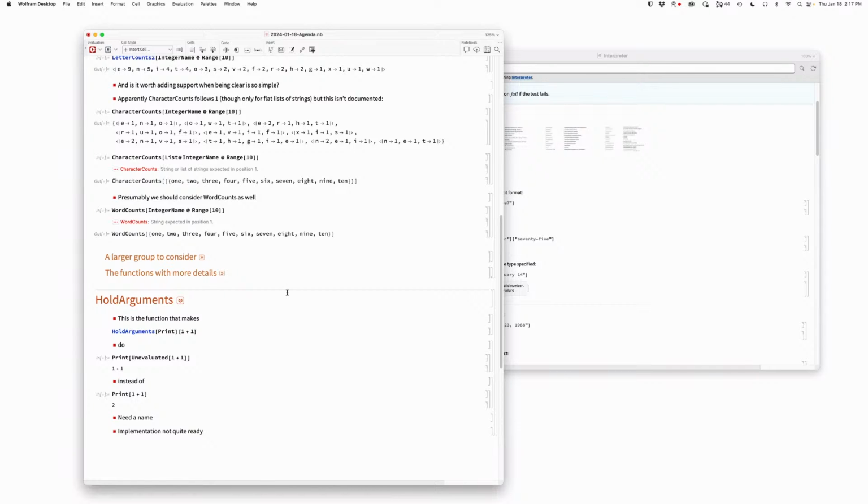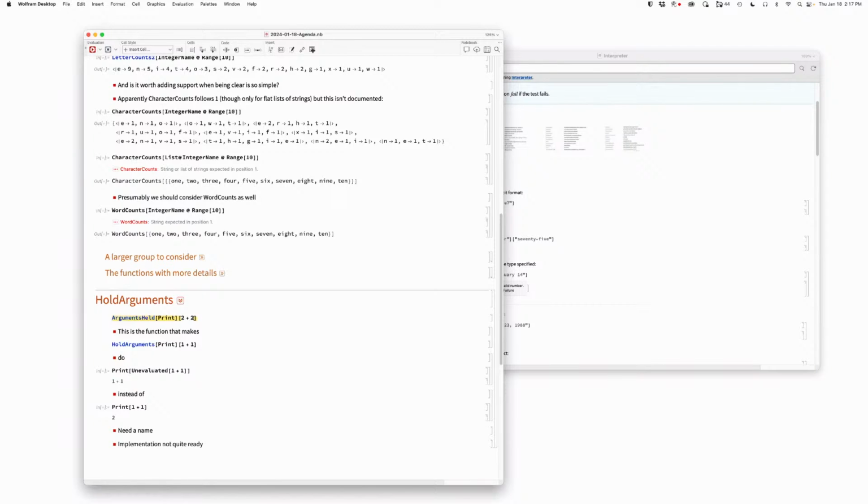So this is the thing that basically is a head wrapper to feed the arguments unevaluated. I think that makes more sense than held arguments.